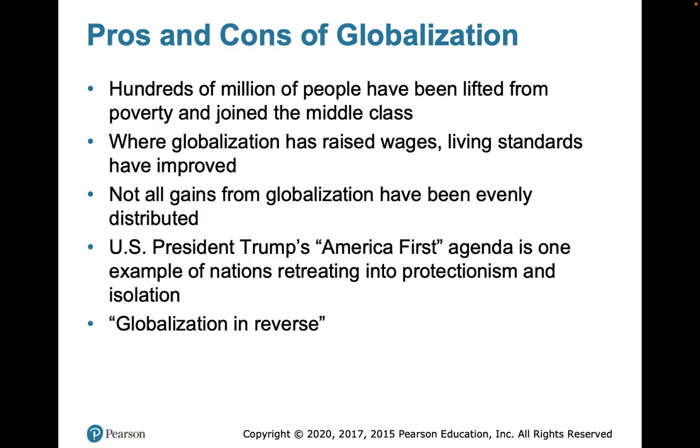And most times, at the end of the day, not all gains from globalization are evenly distributed. Now the US president, for example, the America First administration, is one example of a nation retreating into protectionism. This is the reason why protectionism and isolation were brought into it.